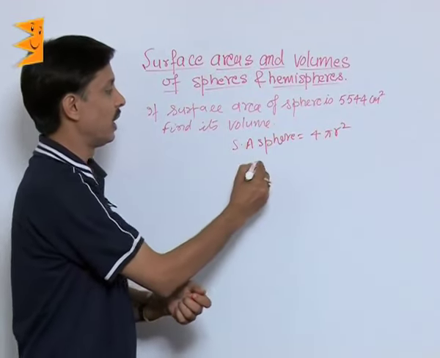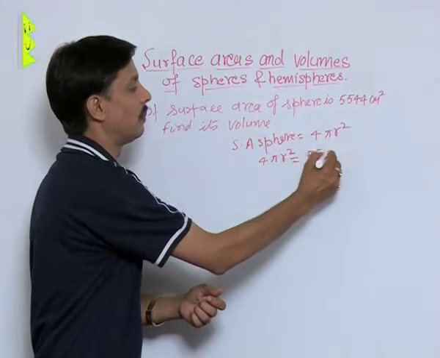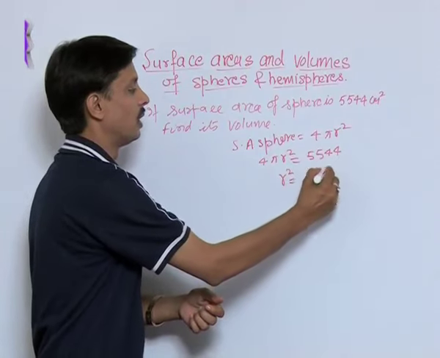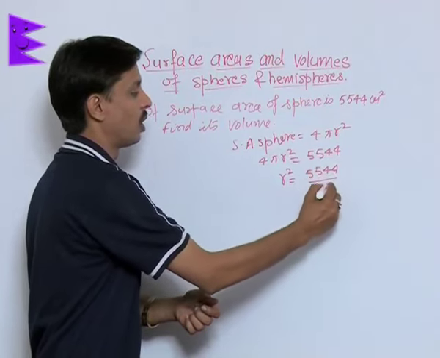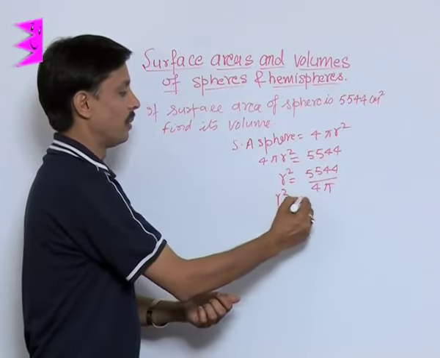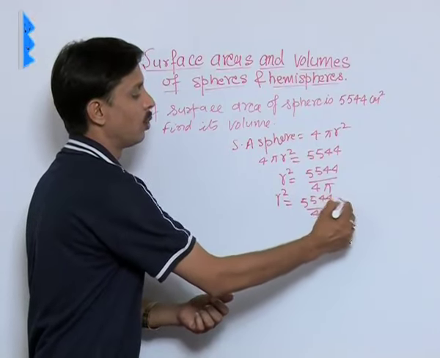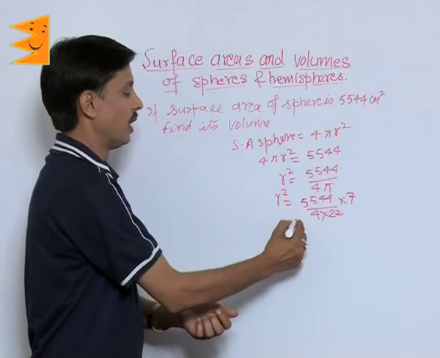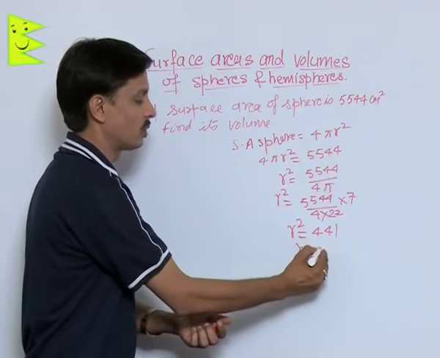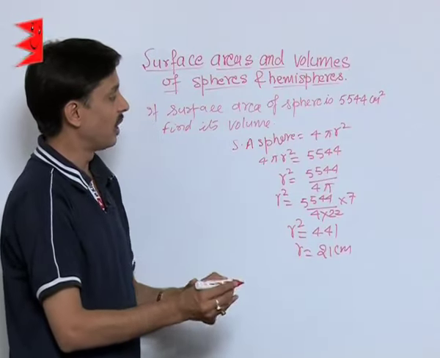So you can say 4 pi r square's answer is 5544, or r square becomes 5544 upon 4 pi. R square becomes 5544 upon 4 into 22/7. Its calculation is coming 441 and its square root is 21 centimeter. This becomes the radius of the sphere.